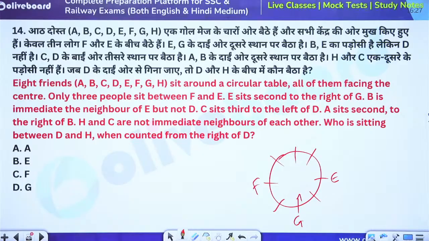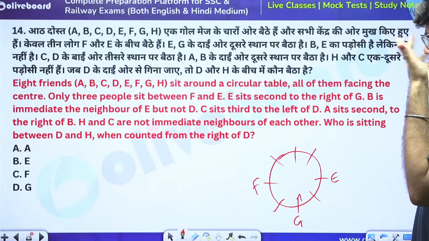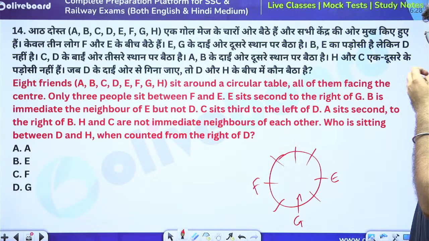C sits third to the left of D. A sits second to the right of B. H and C are not immediate neighbors of each other. Who is sitting between D and H, when counted from the right of D?